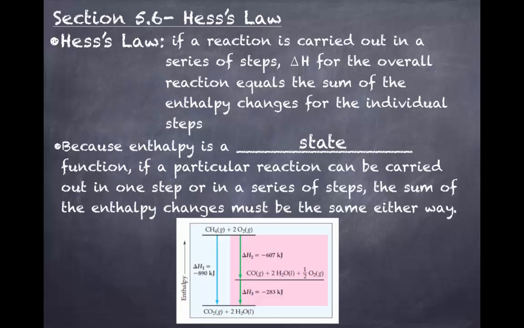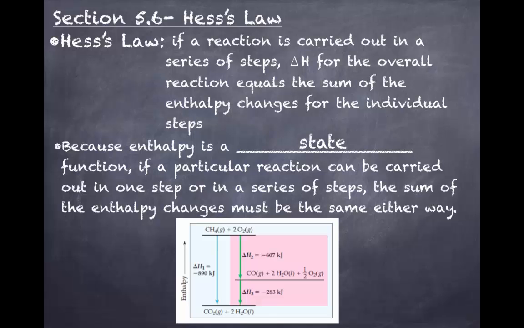So as you can see here, this diagram represents Hess's law. You have the overall reaction of methane reacting with oxygen to produce carbon dioxide and water, and if it's just completed in one step, then it releases 890 kilojoules. However, if it's completed in two steps, the first step releases 607 kilojoules, and then the second step releases 283 kilojoules.